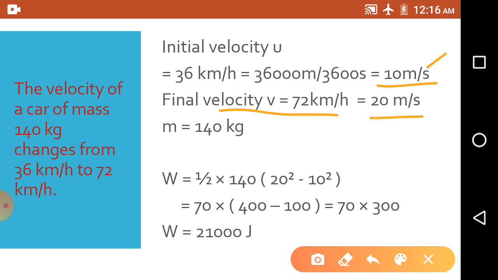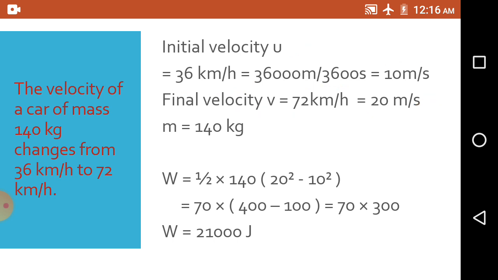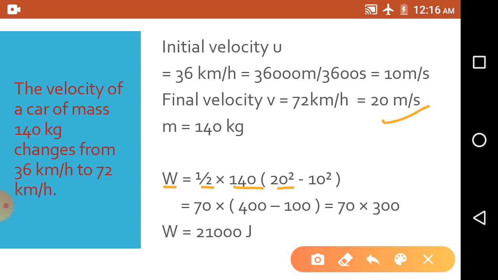So we have the two velocities: this one is the final velocity and this one is the initial velocity, and the mass of the car is given as 140 kg. The work done is equal to the change in kinetic energy, that is 1 by 2 into m into v square, the final velocity square, minus u square, the initial velocity square.